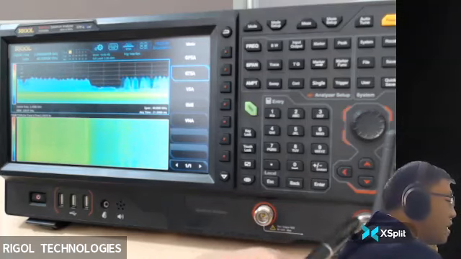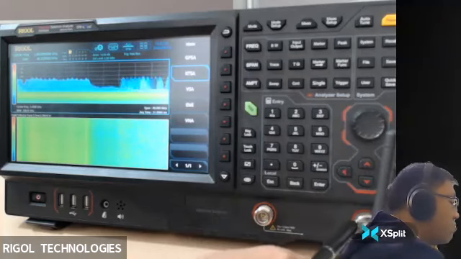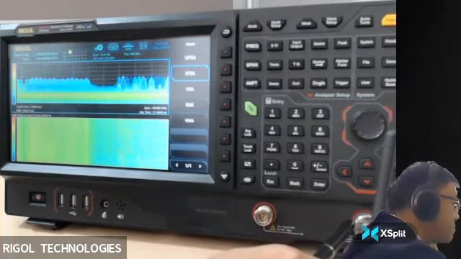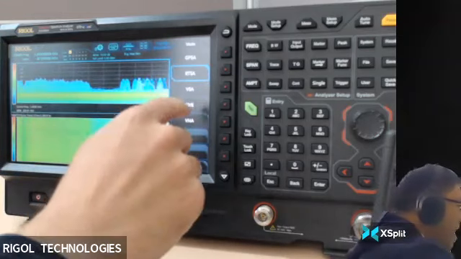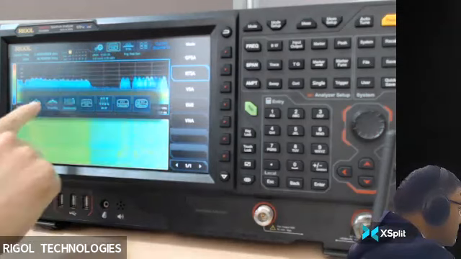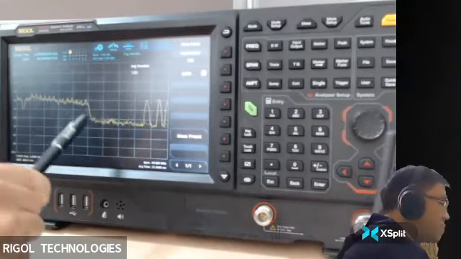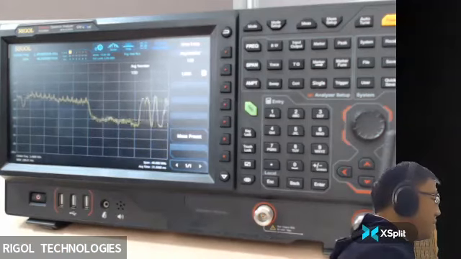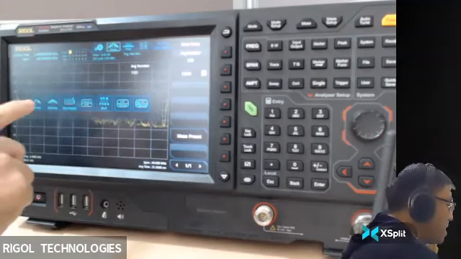Today I will use a 2.4 gigahertz antenna hooked up in front of the channel. You can see the screen. We will go back to the normal mode for your reference. Yes, normal mode. This is the spectrum line showing on the display here. We can have different kinds of functionalities, like the density.